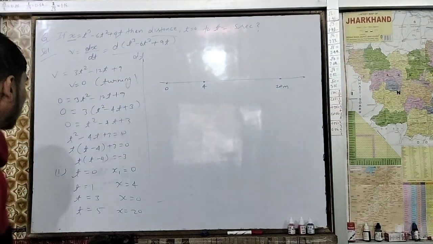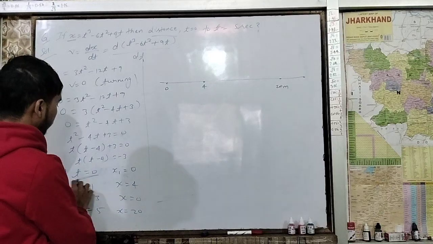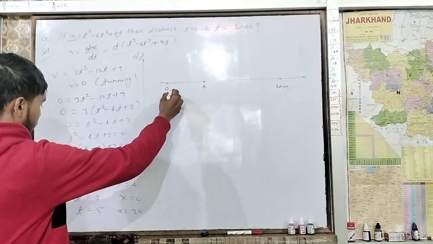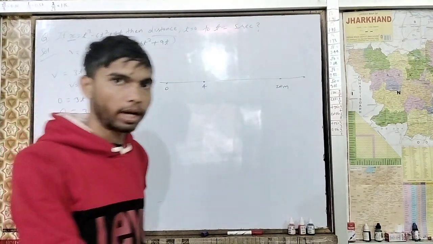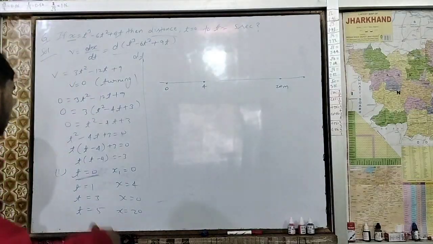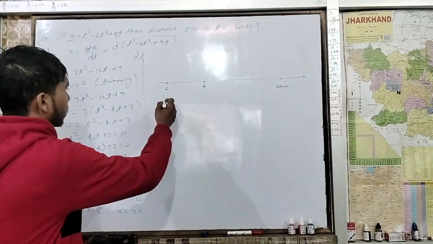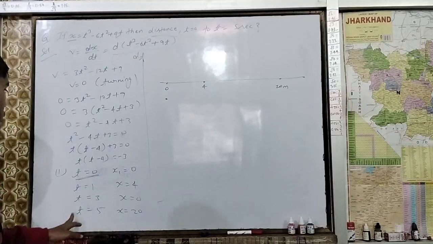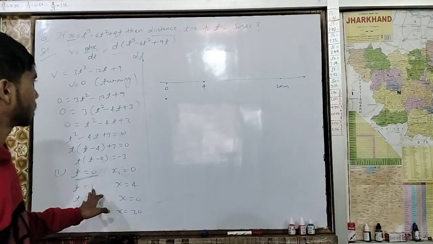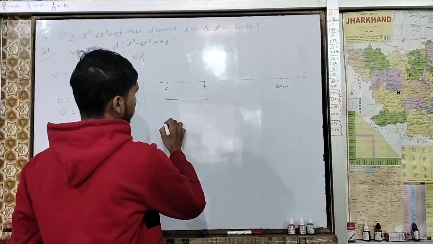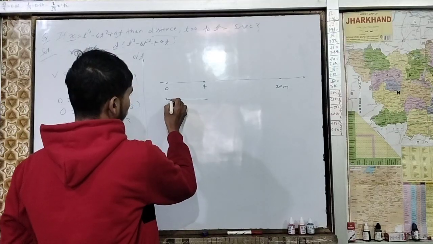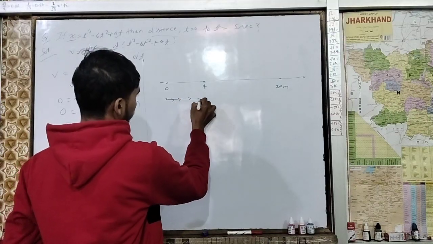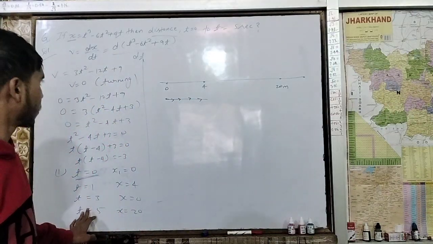At 0 second, the location of the particle is over here. It started from over here. Then at 1 second he went to 4, like this.